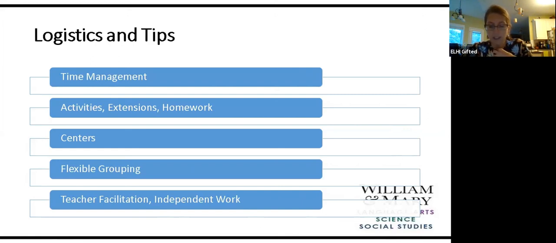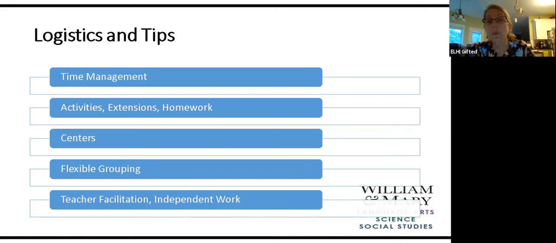The teacher facilitation versus the independent work. It sounds to me like you might be using a workshop model. So I'm assuming that involves a mini lesson, then the kids have independent time, and then maybe come back to check in. Does that sound right, Jill? Yes, ma'am. Okay, so you could make your mini lesson teaching about the model, so that they have a good handle on how to use it.